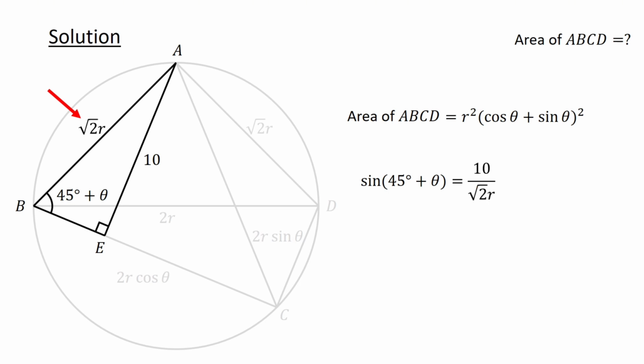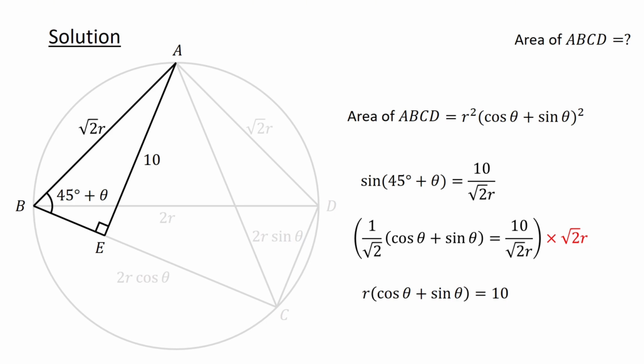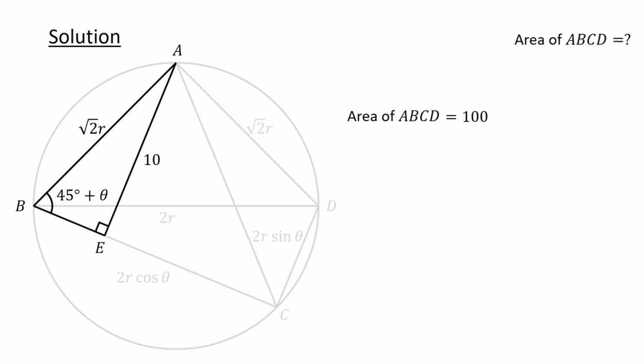After writing sine of (45 degrees plus theta) as 1 over square root 2 times (cosine theta plus sine theta), we multiply both sides by square root 2 r to obtain r times (cosine theta plus sine theta) equals 10. After squaring both sides, we obtain r squared times (cosine theta plus sine theta) squared equals 100. Therefore, the area of ABCD is 100, which is the solution to our problem.